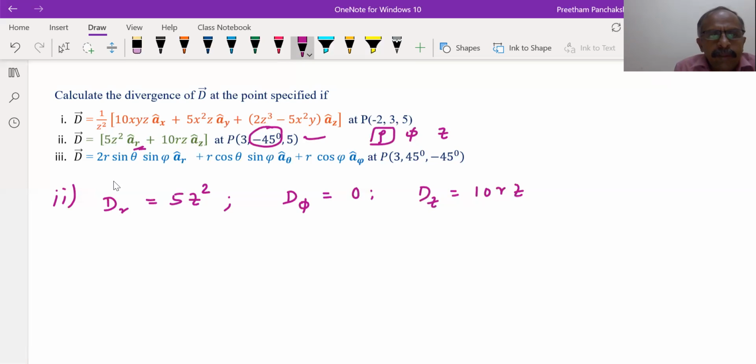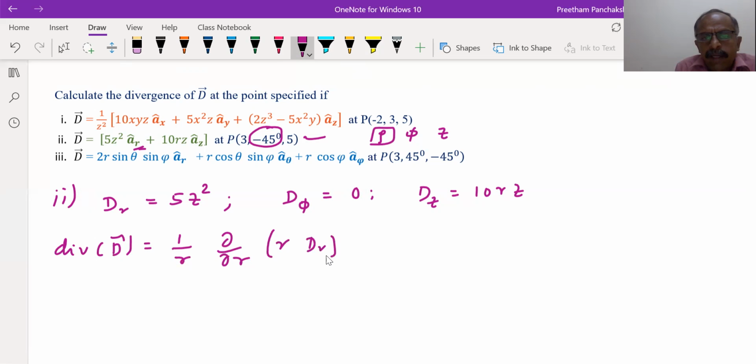Now the formula for divergence of D will be equal to 1 by rho, which will be written as 1 by R, dou by dou R of R into Dr. Next, 1 by R, dou by dou phi of D phi, and dou by dou z of Dz.